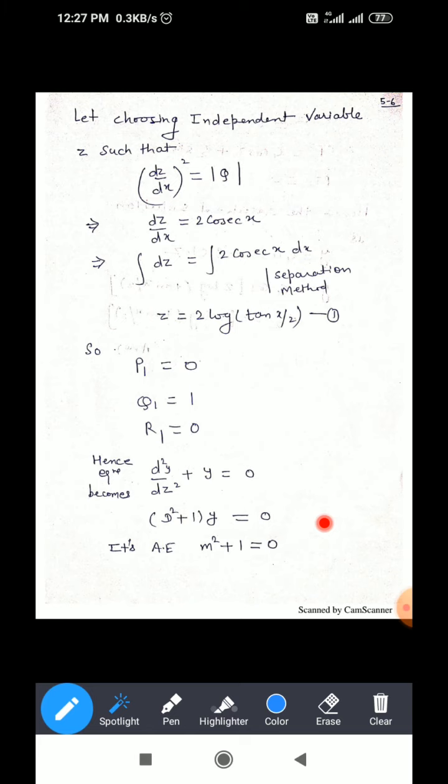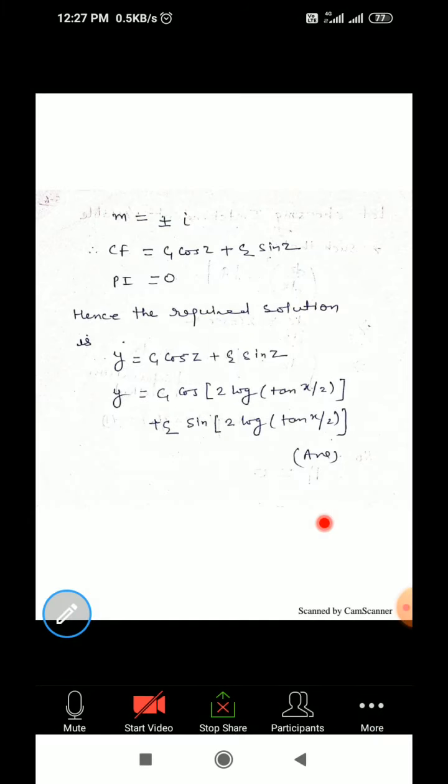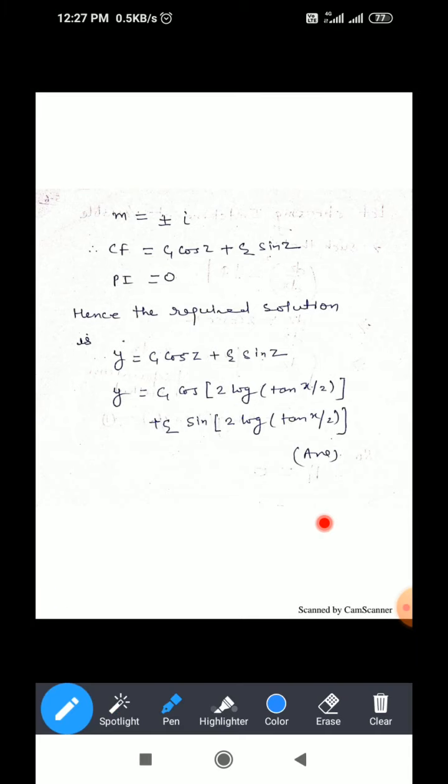Then clearly m is equal to plus minus iota, which is an imaginary root. So as per the rule of CF, this is equal to C1 cos z plus C2 sin z. And in this case, since r equal to 0, therefore PI is equal to 0. Hence the required solution of the given problem is y equal to C1 cos z plus C2 sin z.